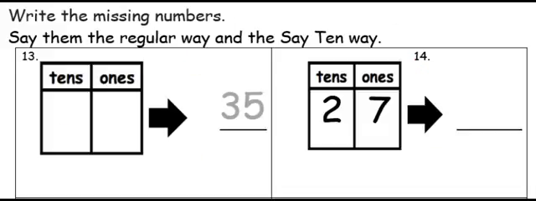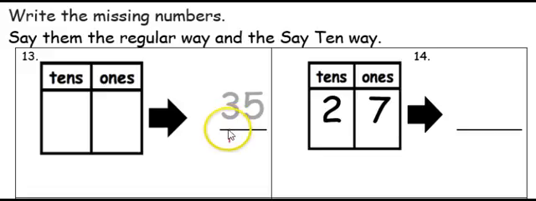In this last section, it says to write the missing numbers, say them the regular way and the say ten way. Well, first let's fill in our place value chart. I have the number 35, and that means that I have 3 tens and 5 ones. I'll show that in my place value chart. To say the number the regular way, I would say 35.